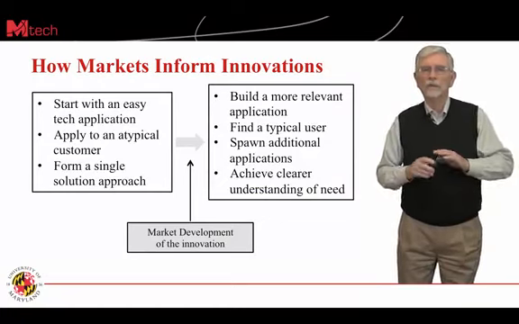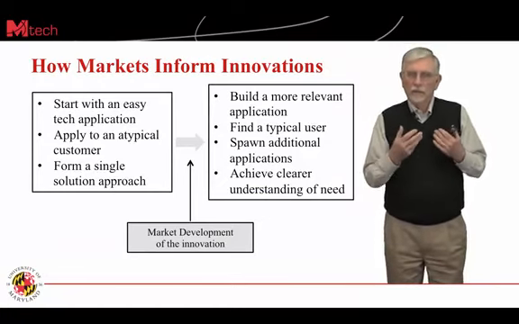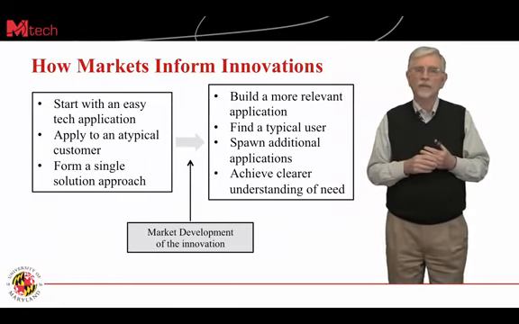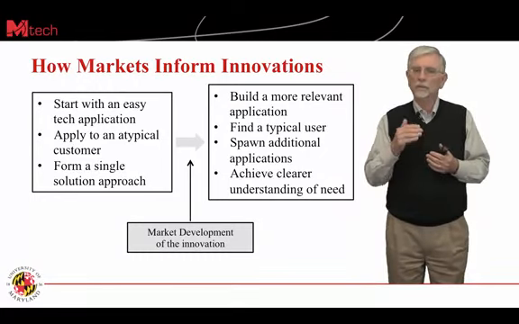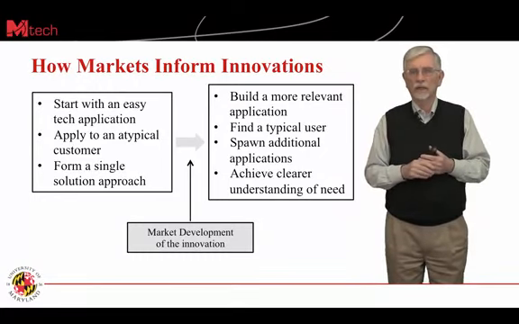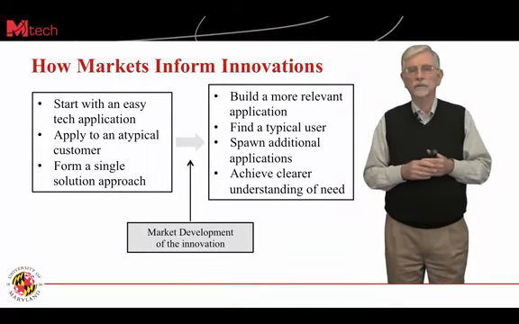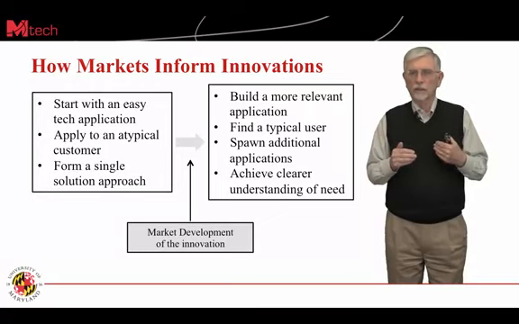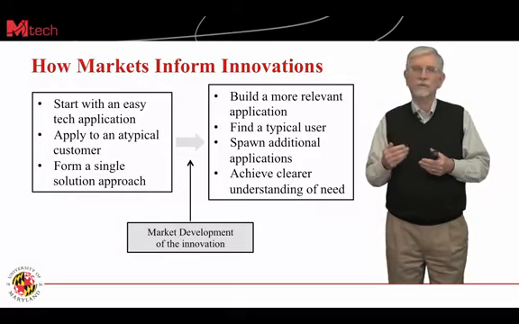And so we can look at how markets actually inform innovations. And so you start with, in this two-step process, you can really start with a very simple technology application, and you can apply it to almost any customer and form a very simple prototypical solution approach. And you put it out there in the market, and you then test, and you find out if you can build a more relevant application.